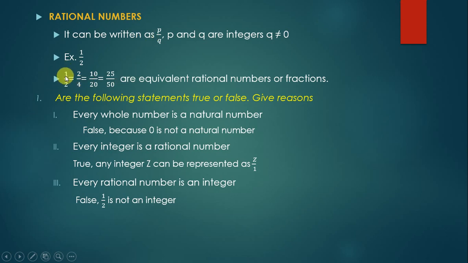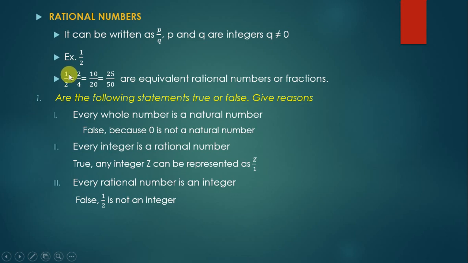See this one, 1 by 2. You know this one is the numerator and this one is the denominator. If I multiply 2 with the numerator and 2 with the denominator, I get 2 by 4. If I multiply 10 on both numerator and denominator, I get 10 by 20.